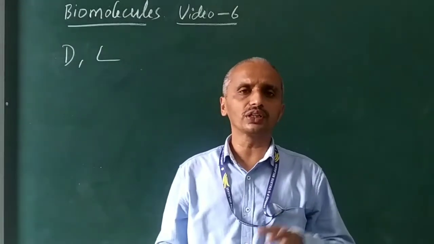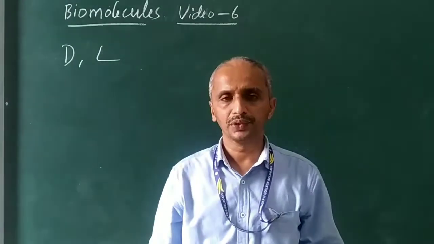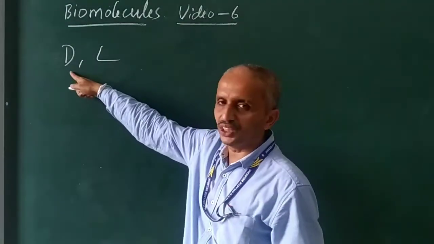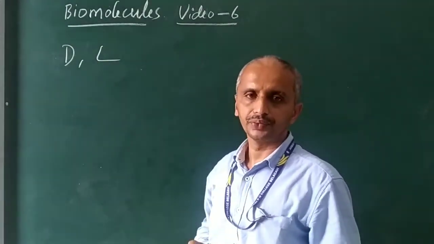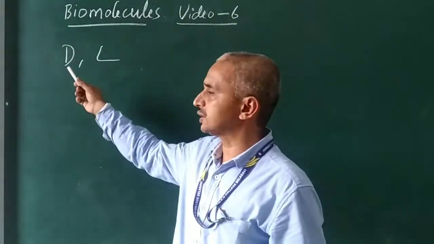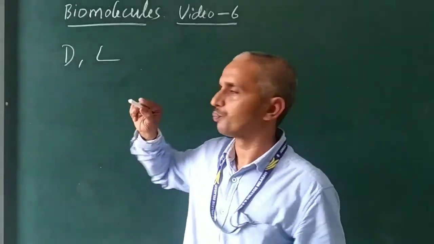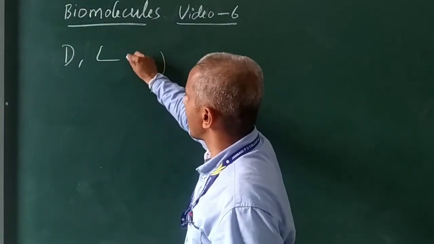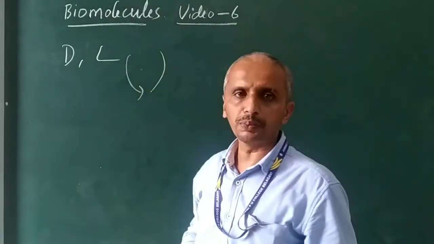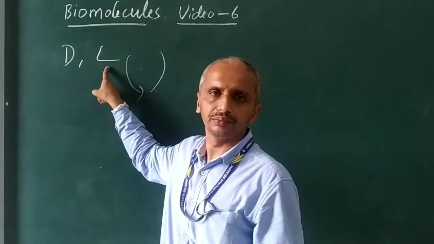If the OH is on the left side of the anomeric form, then it is beta. Now, what do D and L indicate? Students, please remember, this is not representing dextro or levo. Clockwise or anticlockwise direction, optical activity, is not mentioned by this D and L.